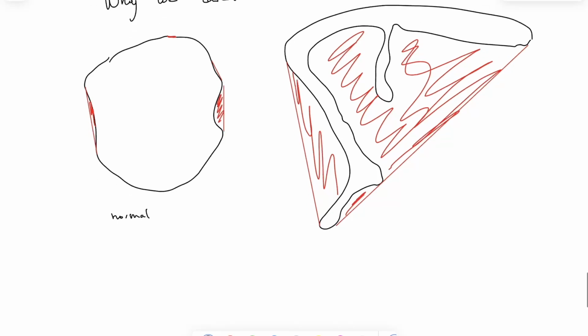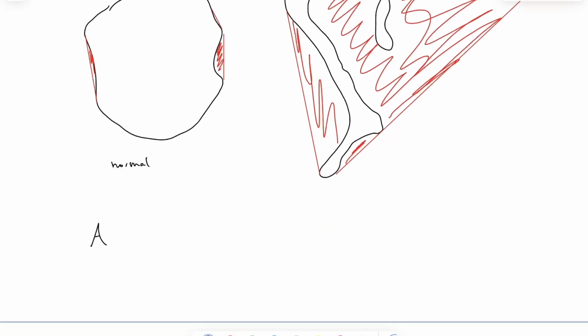And so the moral of the story here is a nice, normal shape has a convex hull, I'm going to write CH for convex hull, only slightly bigger. This is like the shape on the left there.